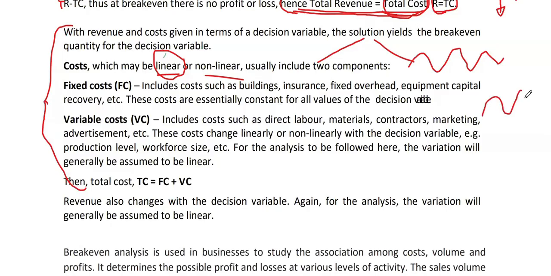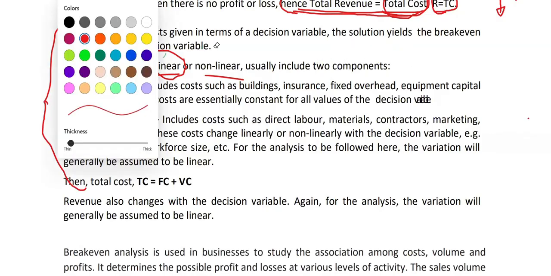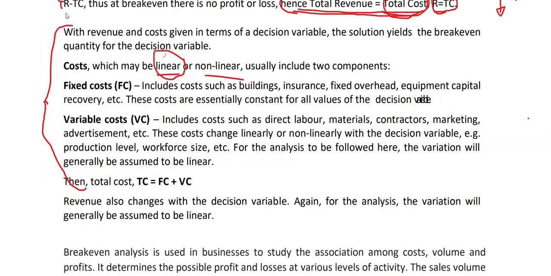But if you have a curve that represents a relationship between two variables, the curve is said to represent a nonlinear relationship. So linear suggests a straight line relationship, and nonlinear suggests typically a curve relationship between the two variables. Okay, so just to explain what we meant by linear and nonlinear there. So costs may vary linearly or nonlinearly.